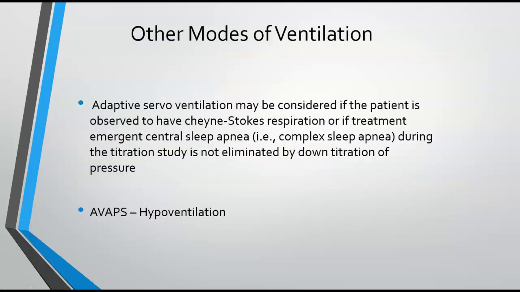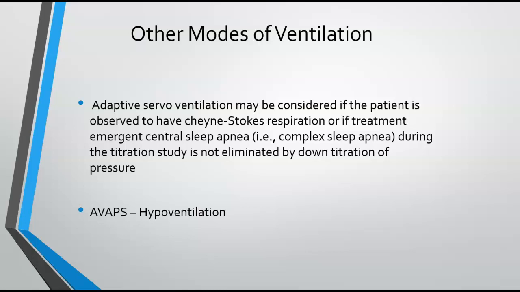Other modes of ventilation are there. For example, adaptive servo ventilation may be considered if the patient is observed to have Cheyne-Stokes respiration, or if the patient has treatment-emergent central sleep apnea, otherwise called complex sleep apnea.